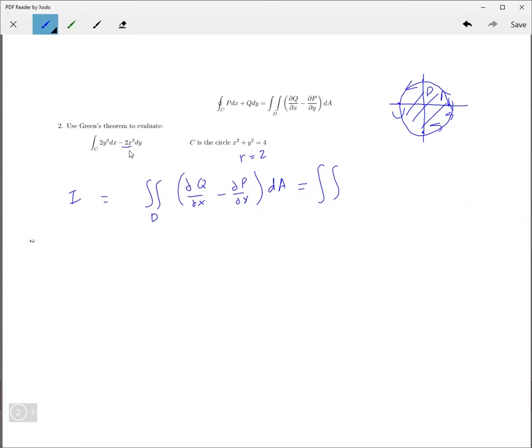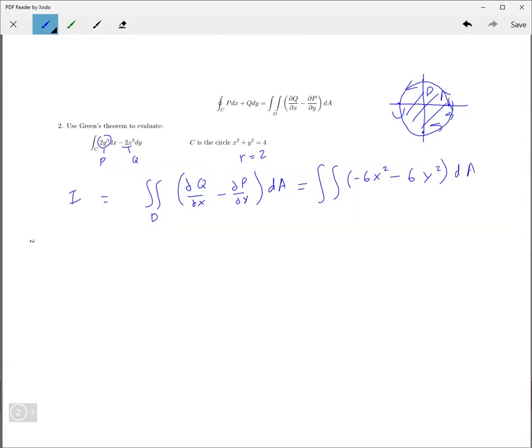Here's Q, so dQ/dx would be negative 6x squared. And then dP/dy. Here's P right here. That would be 6y squared, sorry.